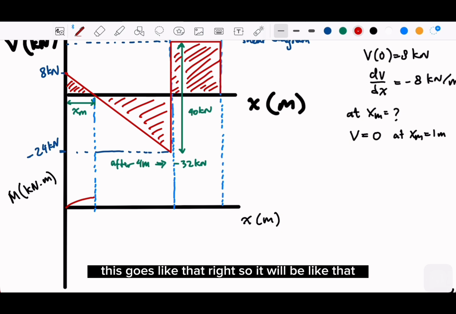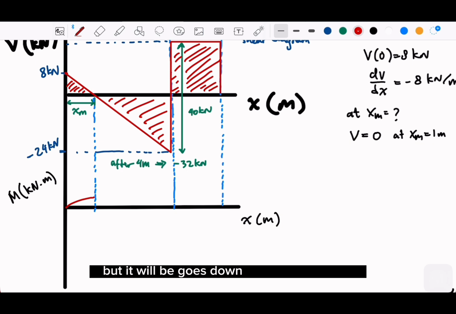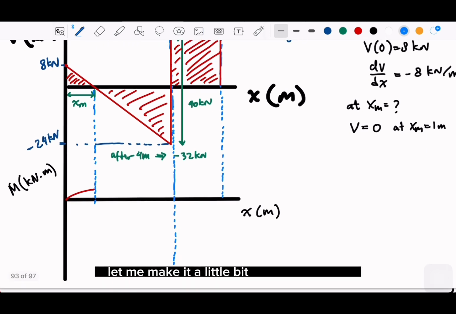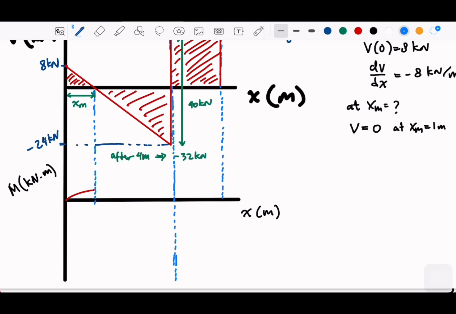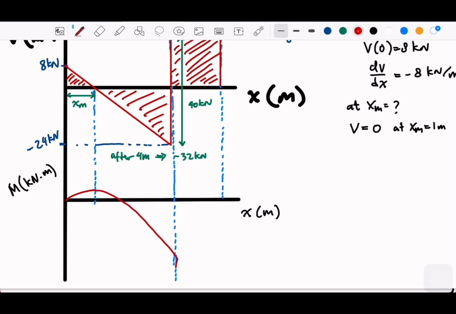So it will be like that at x equals 1. It changes the slope and goes down, but it will go down until this part here. Let me make it a little bit lower over there. So that will be perhaps like that. And this will be 1 meter.